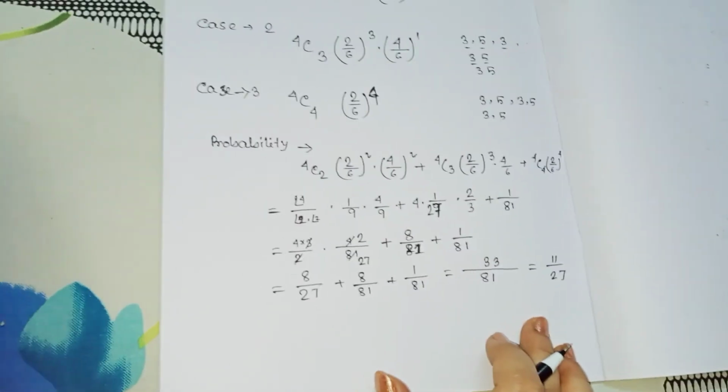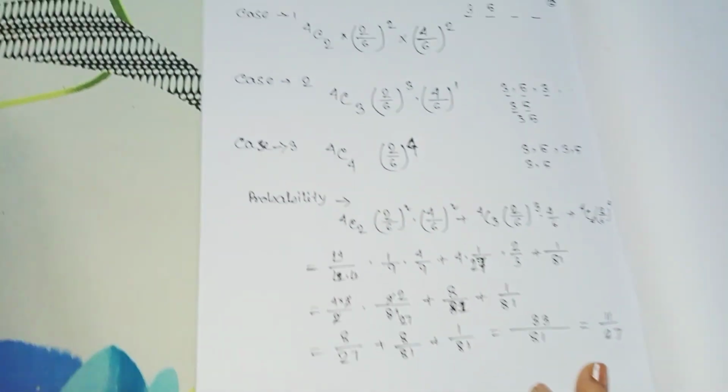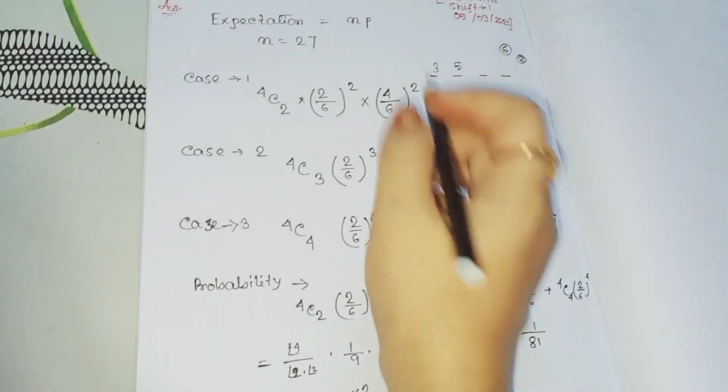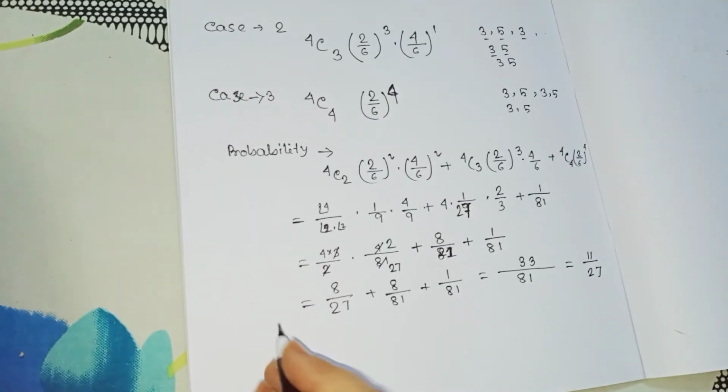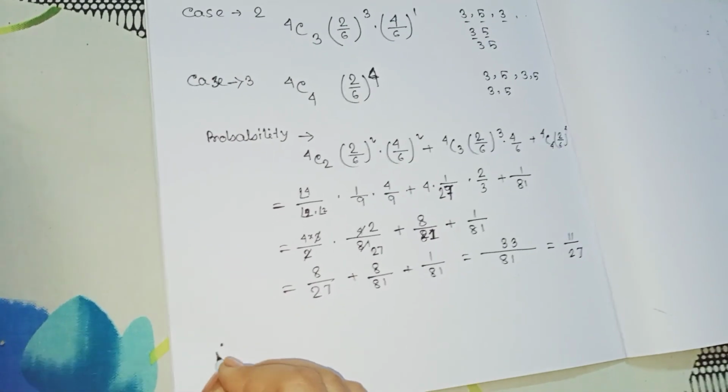11 by 27 is our probability, and we know expectation is equal to n into p. Here n is equal to 27, and the question asks for the value of the expectation.